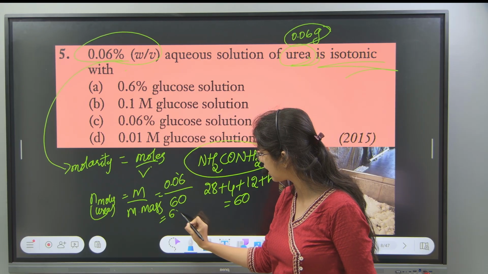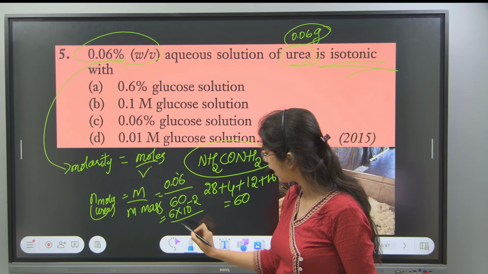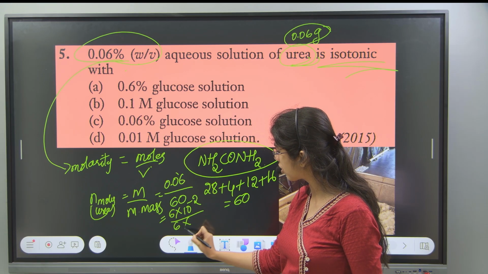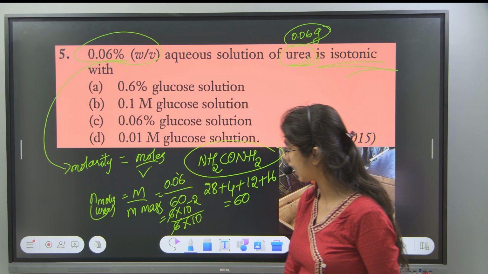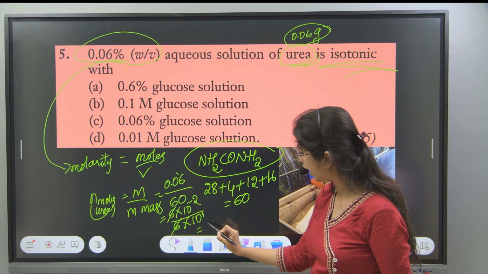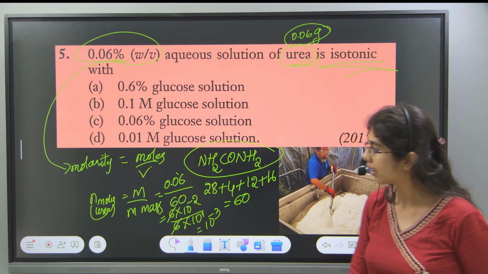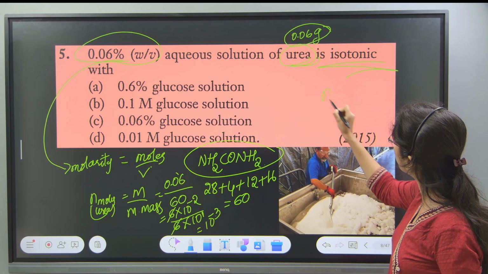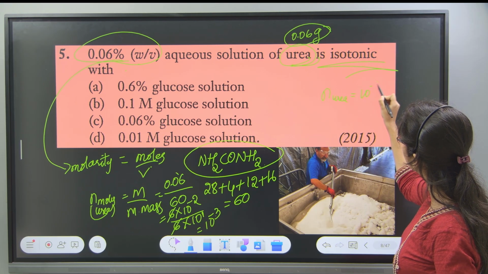Now I can take this as 6 into 10 power minus 2. Can I write 60 as 6 into 10? Correct? 6, 6 cancel. Now take this 10 power 1 to the numerator. What do you get? 10 power minus 3. Am I correct? So now the number of moles of urea, we got it as 10 power minus 3.